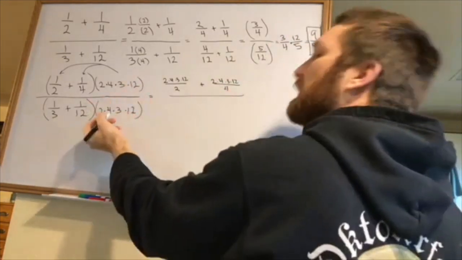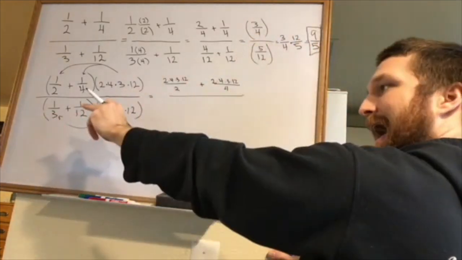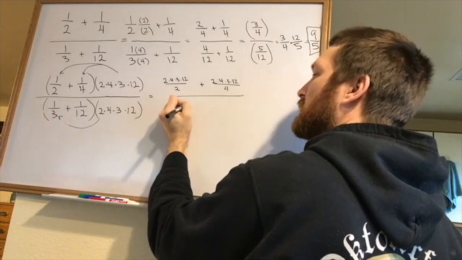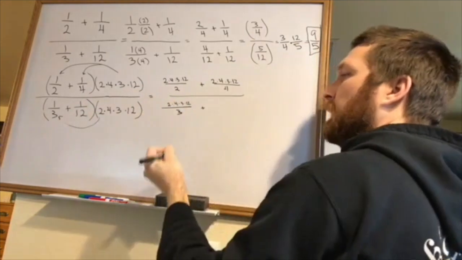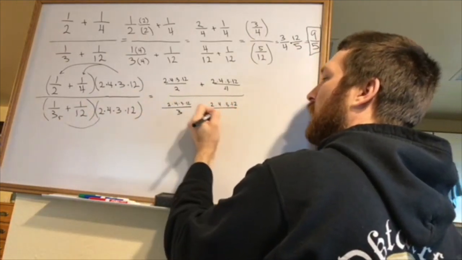Oh boy. Same thing down here. This guy jumps over and hits that guy right there, and we have 2 times 4 times 3 times 12 all over 3. Finally, 2 times 4 times 3 times 12 all over 12.